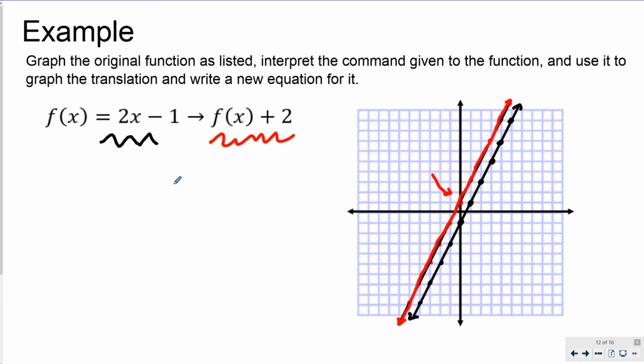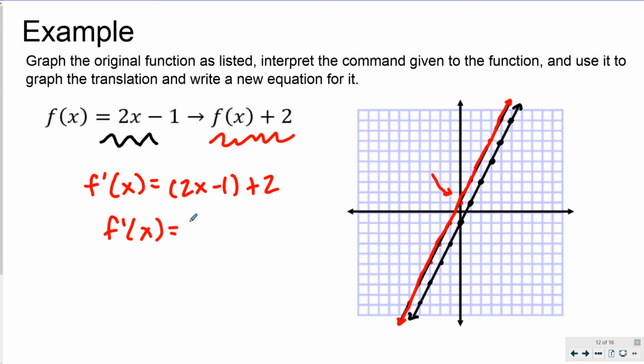We're just going to do that formulaic approach that we did before. f prime of x equals, we're going to take the original function, 2x minus 1, and add 2 to it, since it's telling us to take the function and add 2 to it, not add anything to x. So when I am done, I get f prime of x equals 2x plus 1 instead.